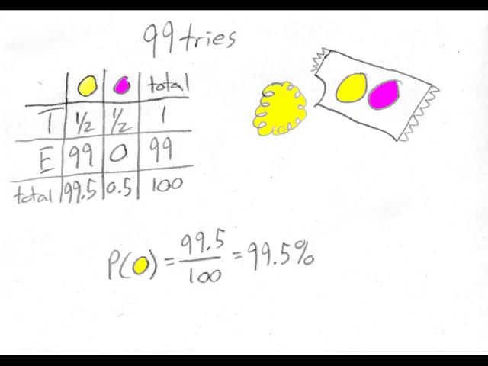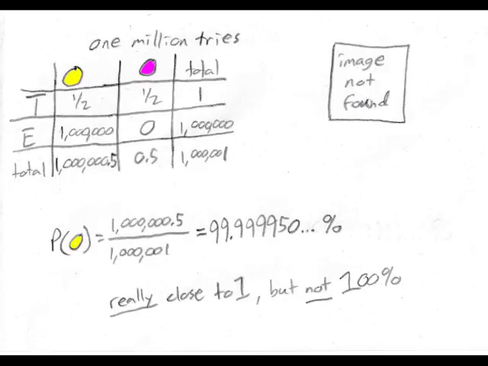After we pulled out 99 yellow candies, we need to update the experimental count for yellow to 99, giving us a total of 100, and a probability that a yellow comes out next is 99.5%. When we have 1,000,000 yellow candies coming out, the probability a yellow comes out next is 1,000,000.5 over 1,000,001.